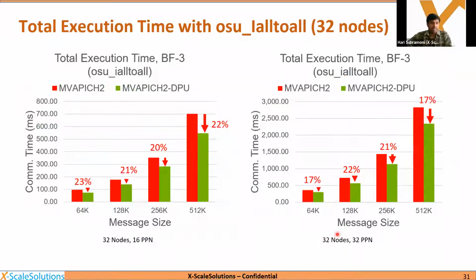Before we head to the application level, let's start with the basic micro benchmark level. Here we are showing the performance benefits that you get with an all-to-all benchmark. What is all-to-all? All-to-all is a benchmark where all processes talk to each other. Each process has a unique piece of data to be sent to every other process in the job.